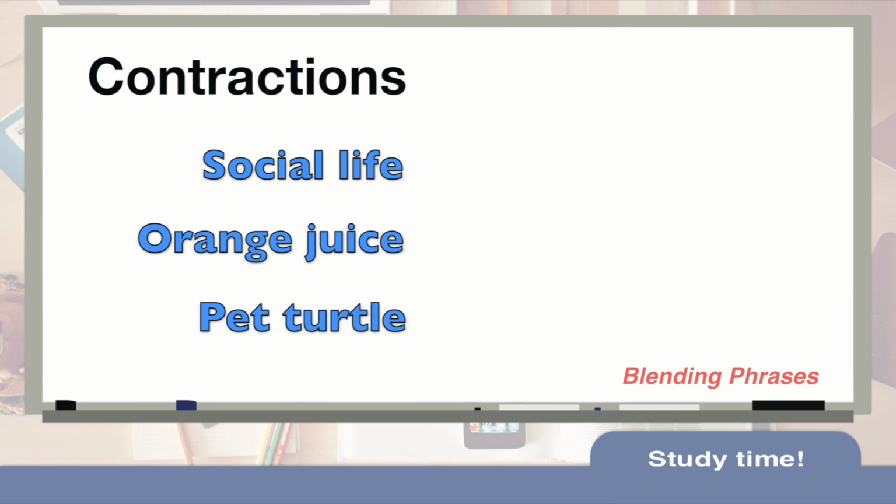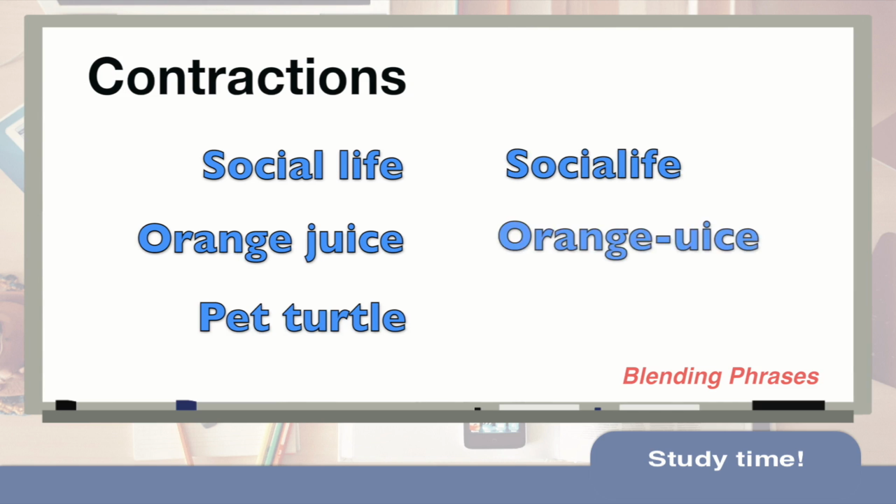Native English speakers will make the joining sound only once, as this speeds up their speech. So instead of social life, we say social life. Orange juice becomes orange juice. And pet turtle becomes pet turtle.